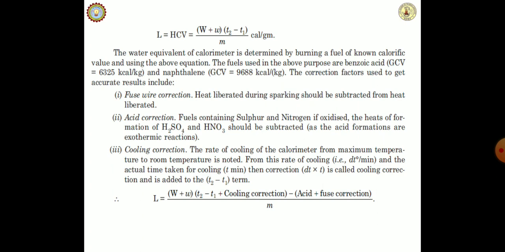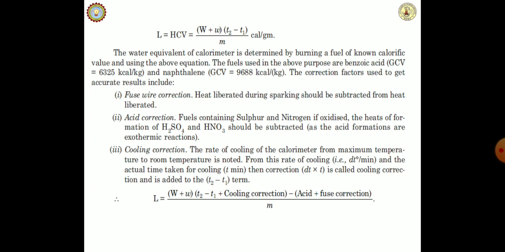Therefore, L, the higher calorific value, is equal to (W plus w)(T2 minus T1) plus cooling correction minus acid plus fuse wire correction, plus cotton correction if cotton is used, divided by m.